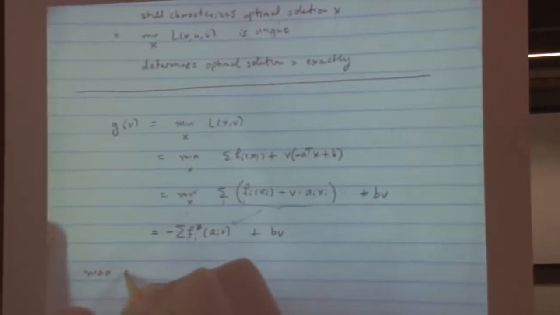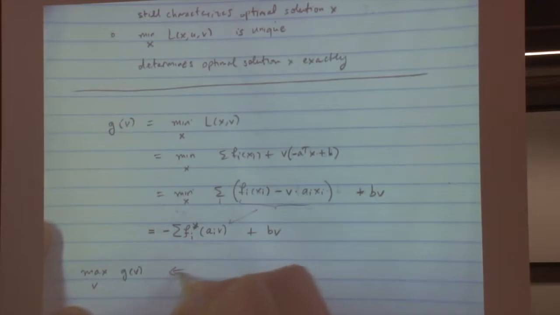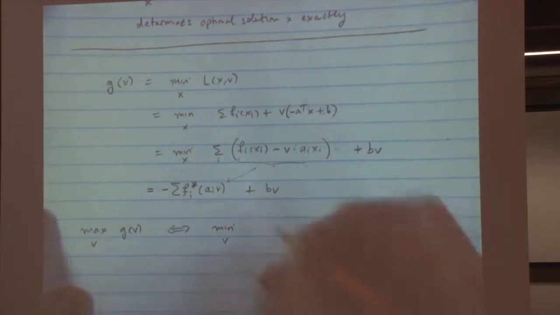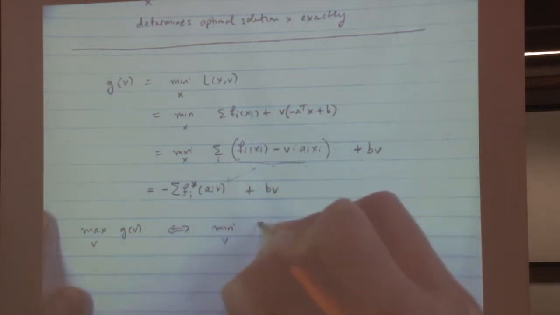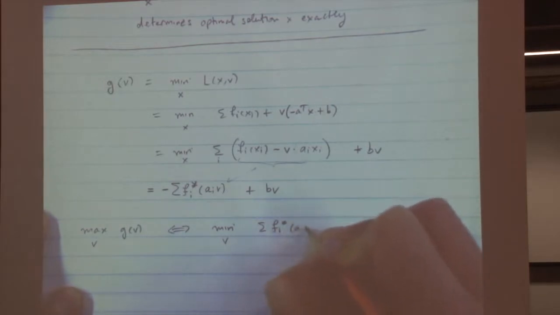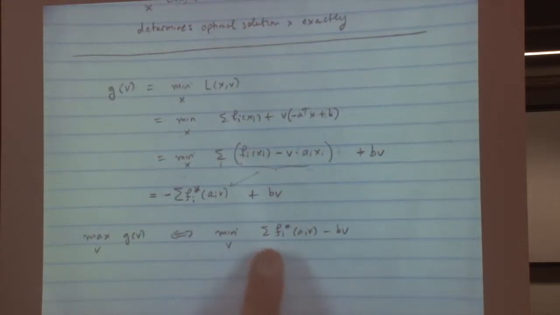So this is the dual problem, to maximize this quantity. Equivalently, maximizing g of v over all v is the same as minimizing over all v negative g of v. So we can write that as minimize the sum of fi star. One property we'll learn about the convex conjugate is that the convex conjugate of any function is always convex.